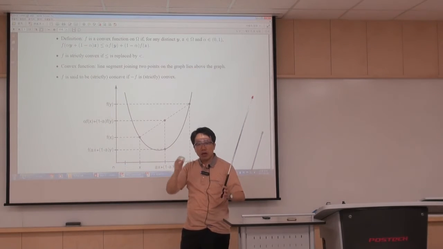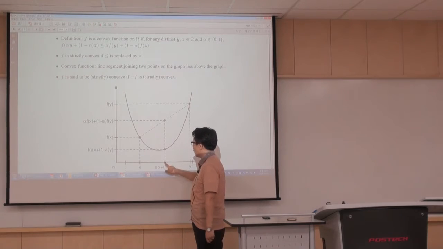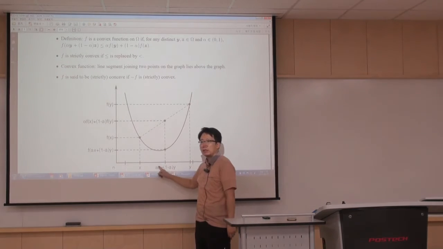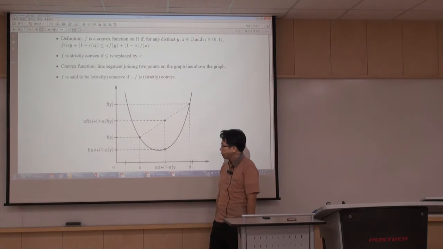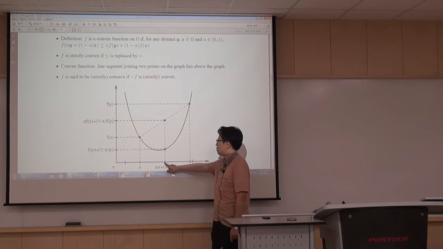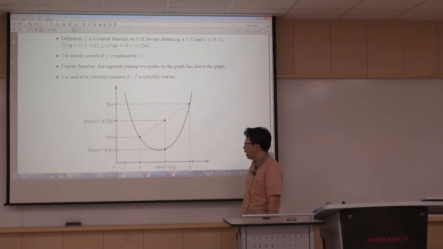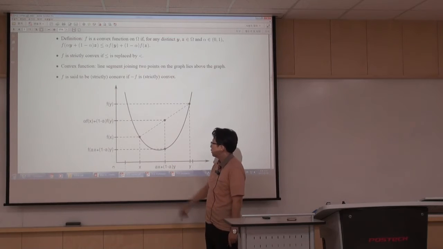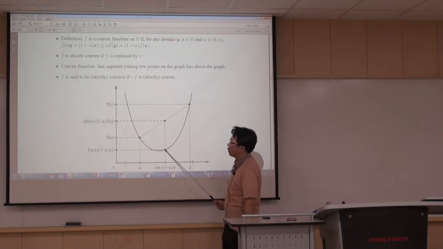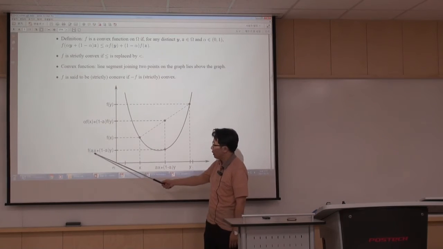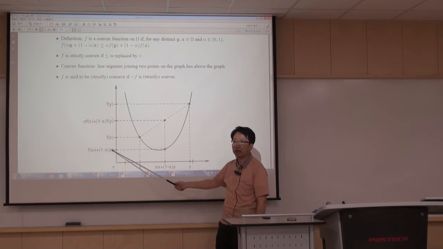So by changing alpha, you move from here to here or here to there. It's a kind of intersection, anyway, some point that divides inside. So if you evaluate that point, this is the function value, f of alpha x plus 1 minus alpha y, right?